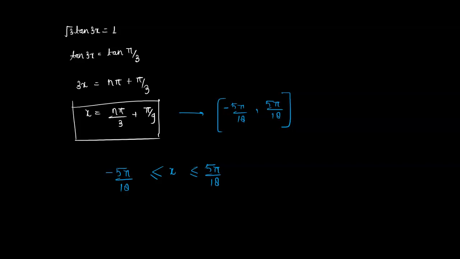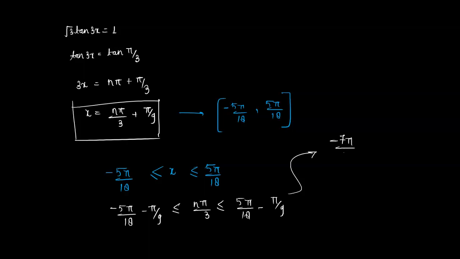Okay. So minus 5 pi by 18 is less than or equal to n pi by 3 plus pi by 9, which is less than or equal to 5 pi by 18. After subtracting pi by 9, this inequality will change into minus 7 pi by 18 less than or equal to n pi by 3, less than or equal to 3 pi by 18.